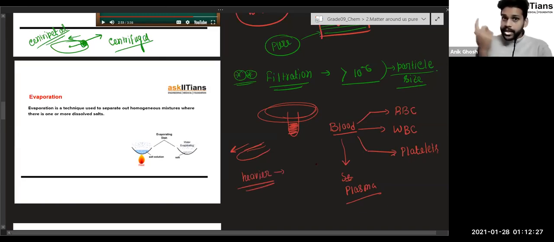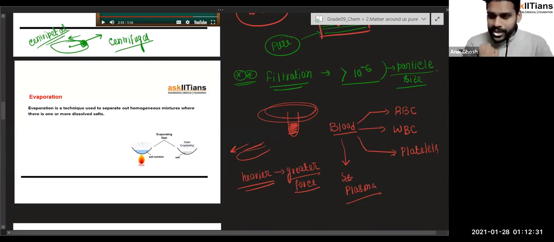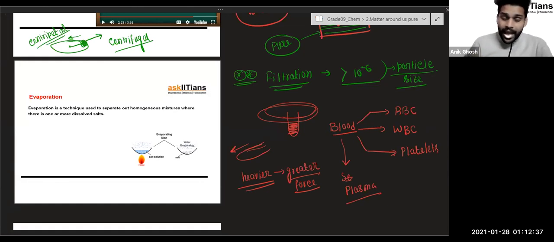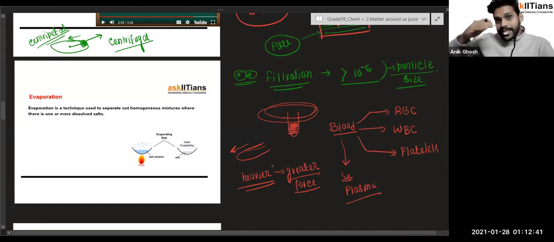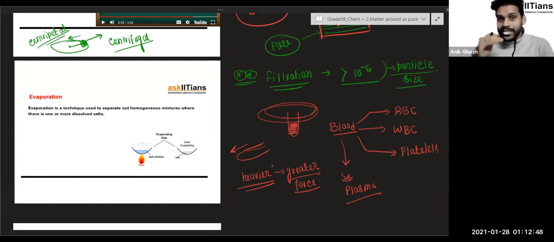The particles that are heavier would feel greater outward force, greater centrifugal force. And if it feels greater centrifugal force, then what would happen? It would get sedimented at the bottom. After the centrifugation is done, it would get sedimented at the bottom.